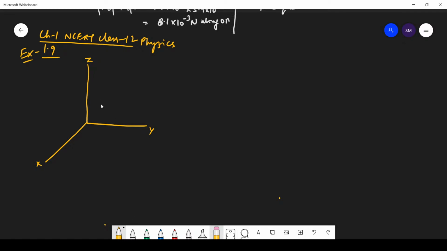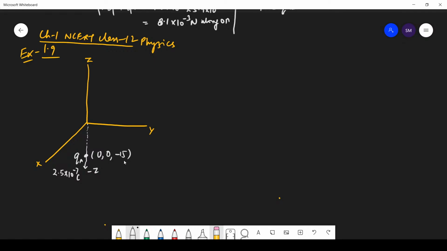So the coordinate is: QA is at A (0, 0, minus 15). So 0, 0 means this is on the negative Z axis. Here this is point A, so QA is over here, and QA is 2.5 × 10⁻⁷ coulombs.